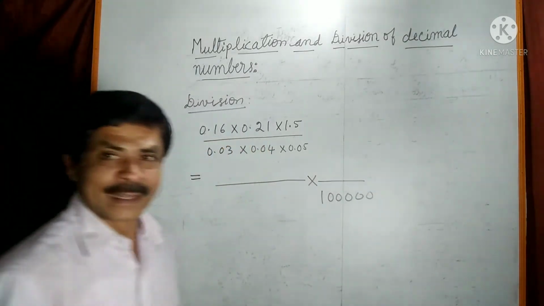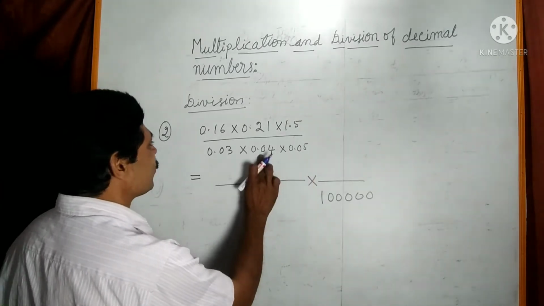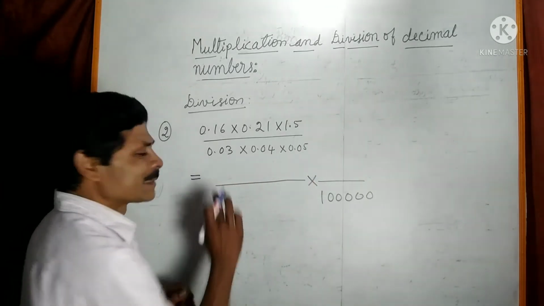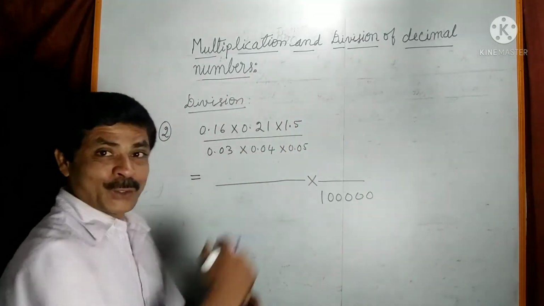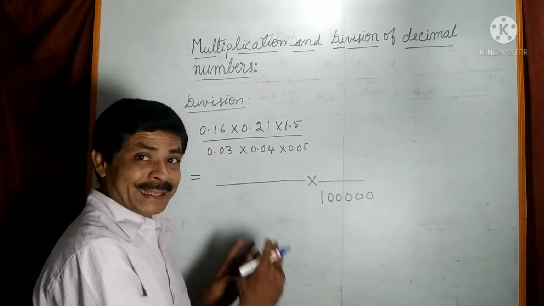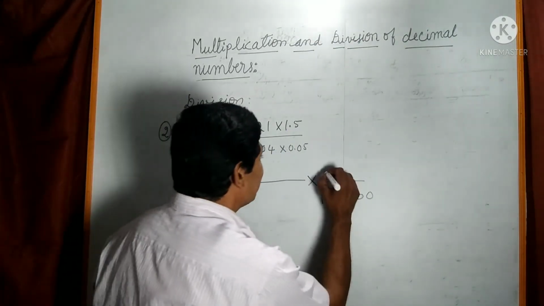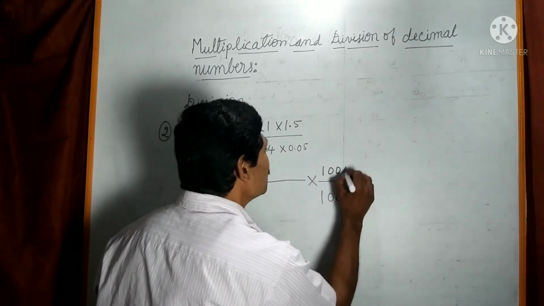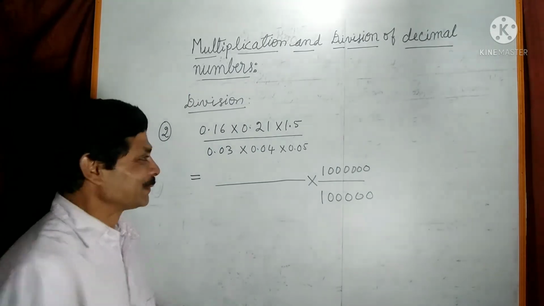And in the numerator 1, 2, 3, 4, 5, 6. 6 zeros will come in the numerator because 6 digits are there in the decimal part in the denominator. So we will write 1, 2, 3, 4, 5, 6 zeros.